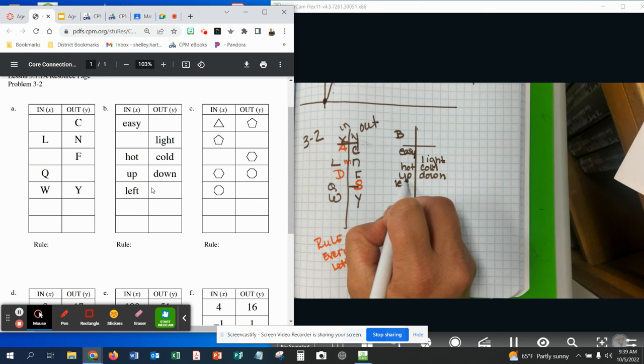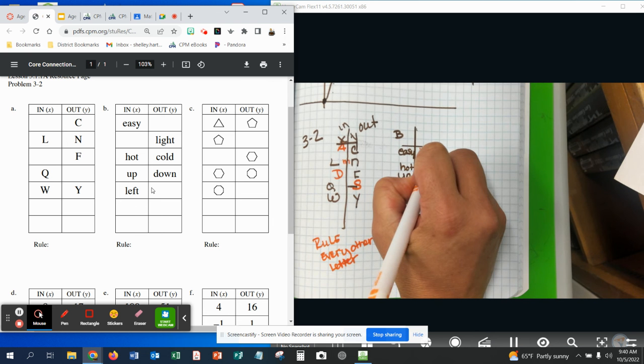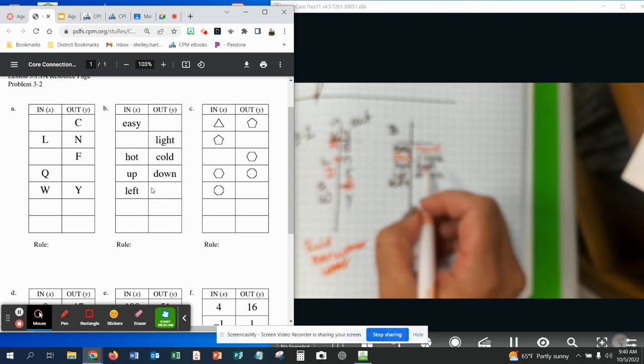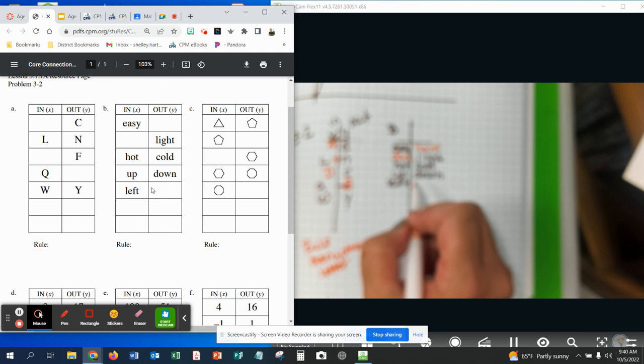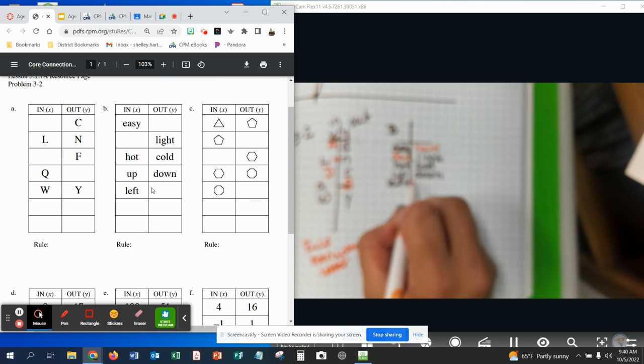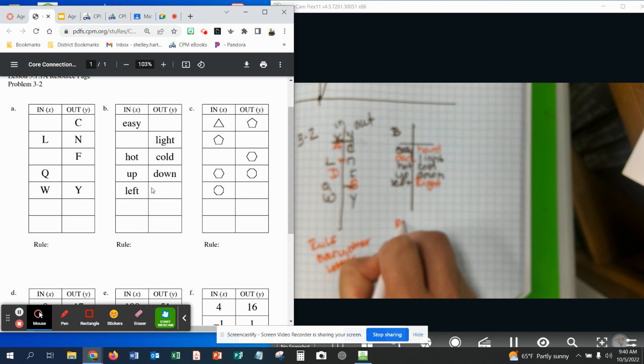Left. All right. Yeah. It's just the opposite of the word. Easy, hard. Dark, light. And then left, right. So the rule here is opposites.